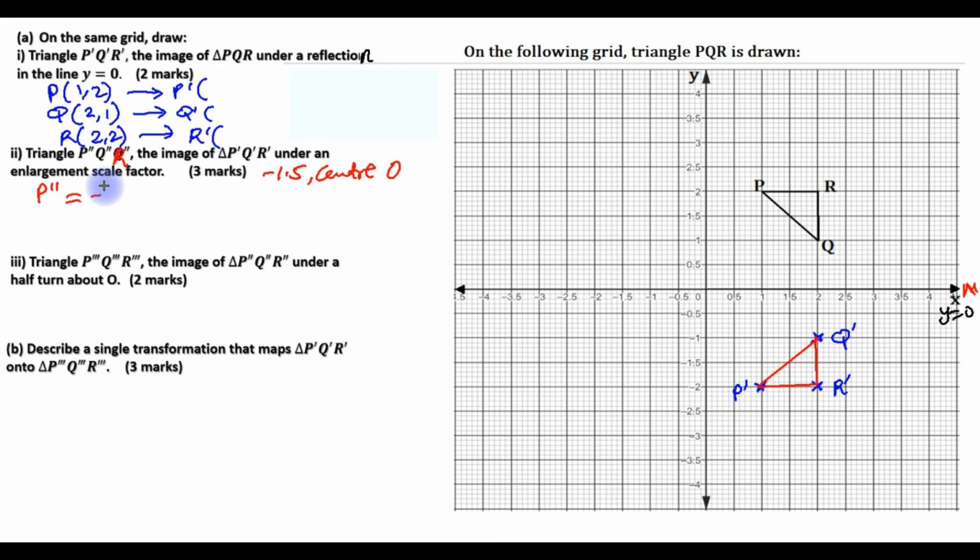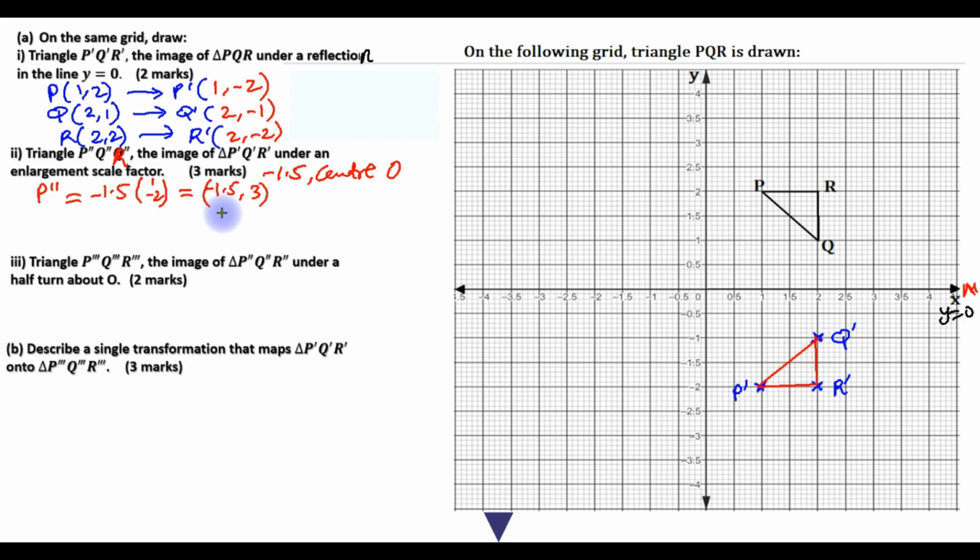So that will be minus 1.5 times the coordinates of P prime, that is (1, minus 2), Q prime is (2, minus 1), and the other one is (2, minus 2). So multiplying (1, minus 2), we shall get minus 1.5 and 3.